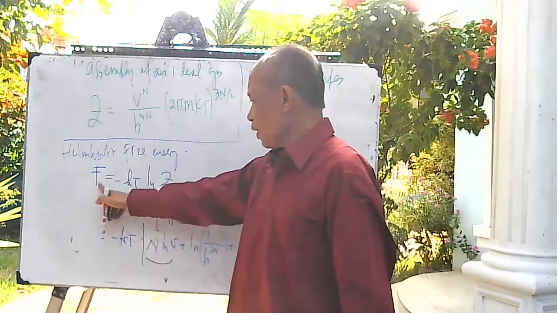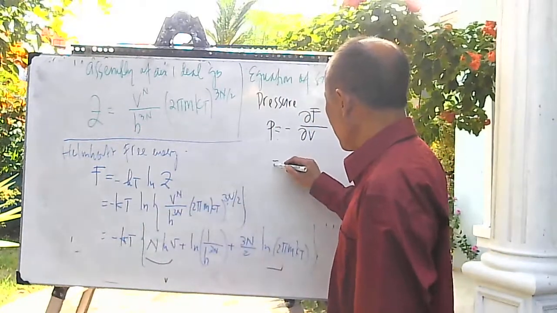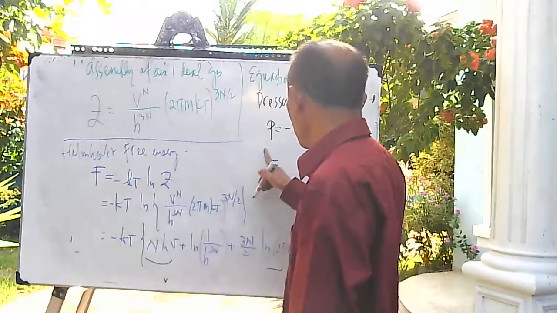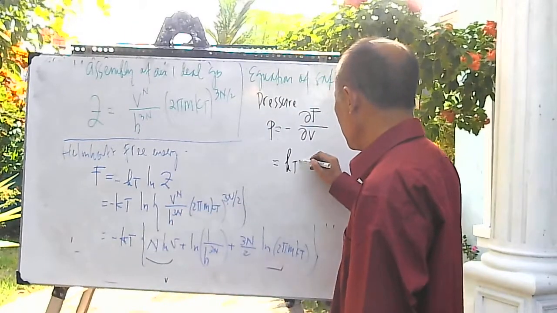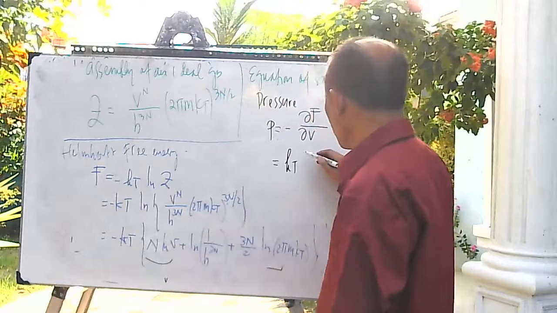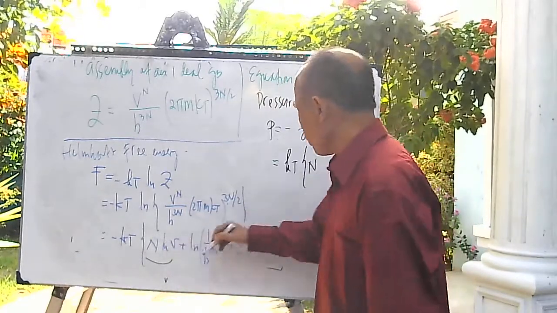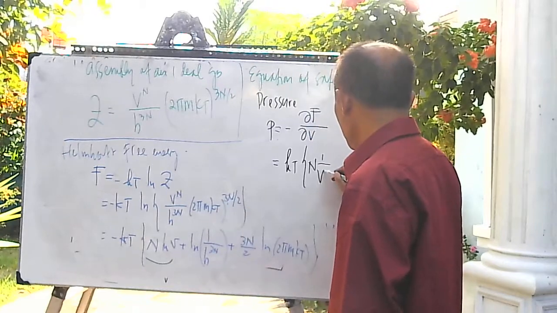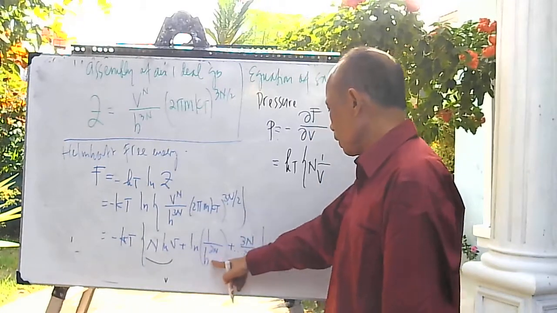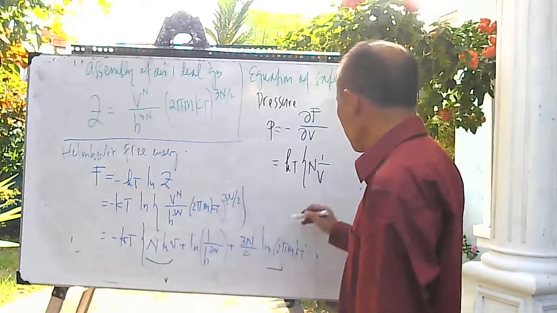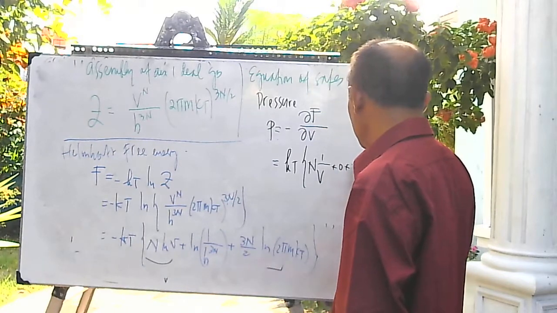So if we differentiate this Helmholtz free energy, this is minus, this becomes kT, and we differentiate against volume, this is N, and the derivative becomes 1 over V, and because the other terms do not contain volume, they become 0.